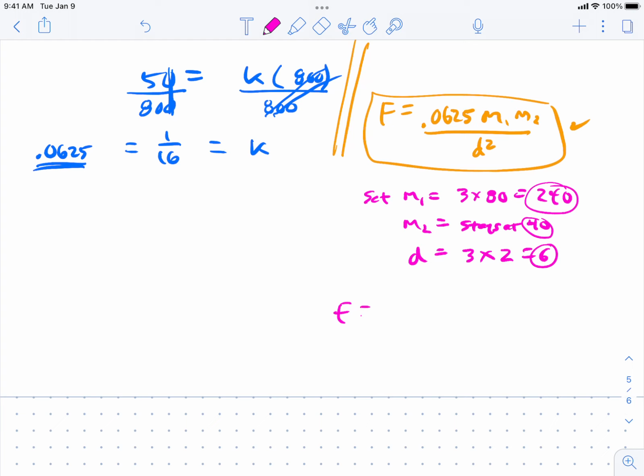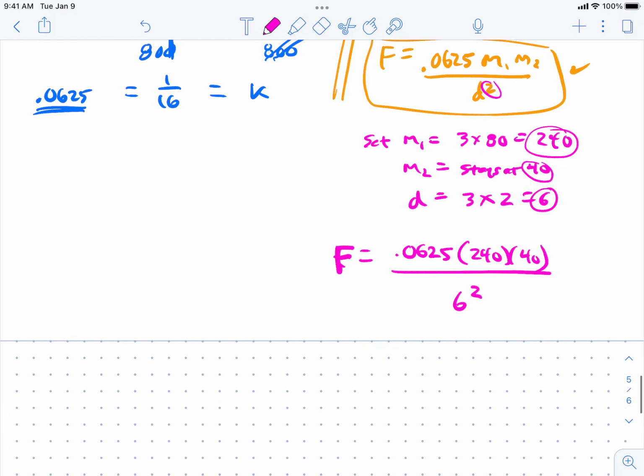So what's my new force of gravitational attraction? Take your 0.0625, multiply it by M1, which is now 240, multiply it by M2, which is now 40, and divide it by D, remember, squared. So by 6 squared, that's an F, by the way. And this is just pushing buttons on your calculator. So what am I doing?